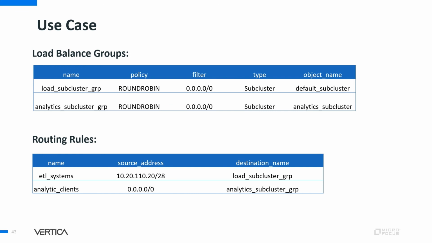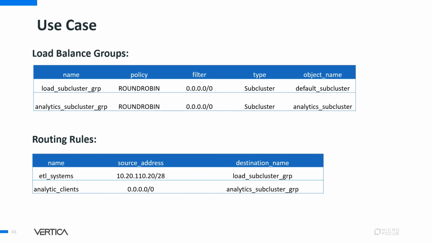And you can see, you can set load balance policies. You can set it to random, none, or round robin. By default it is round robin, and in this example I'm using the policy as round robin. Routing rules: I set routing rules for each load balance group.